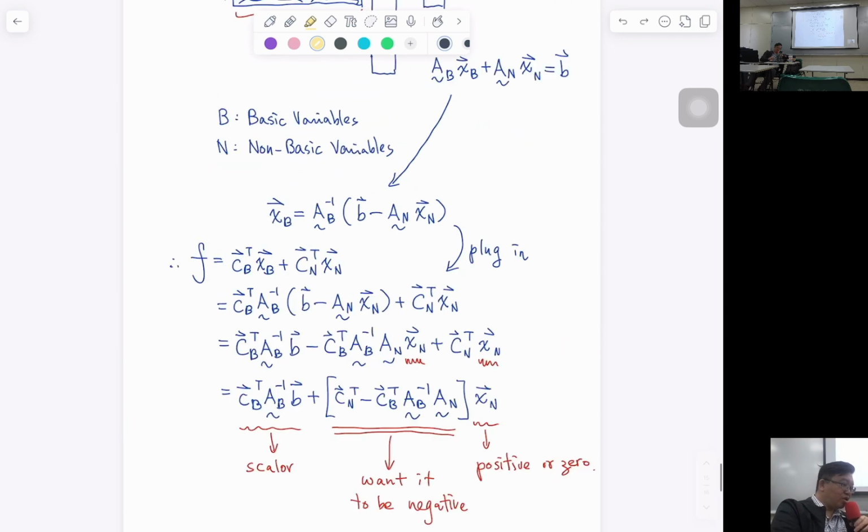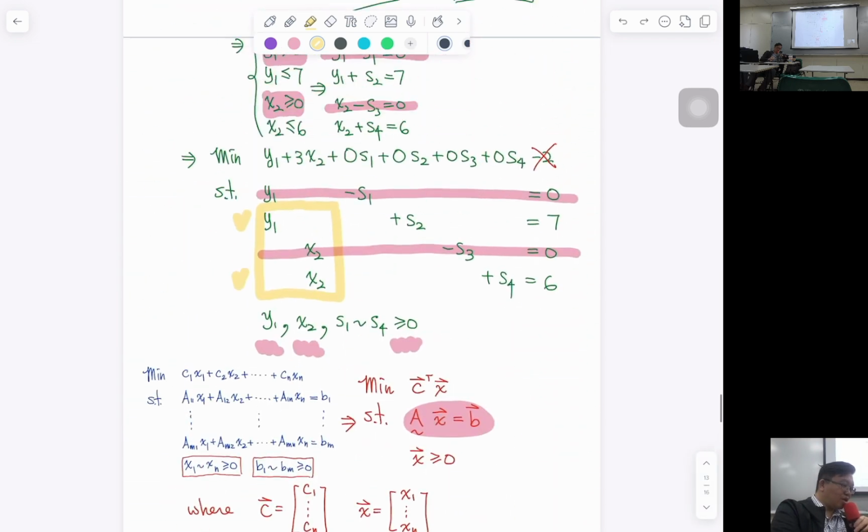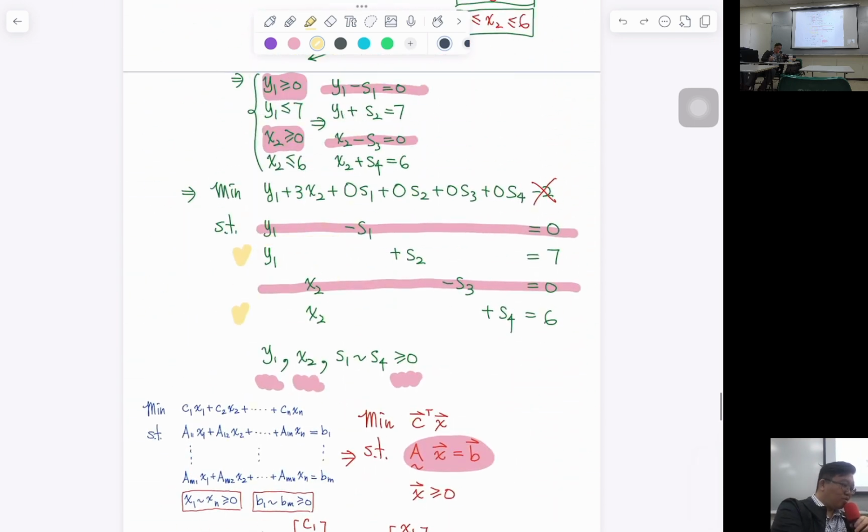I will tell you what's going to happen for non-basic and basic. Let me explain more. How does it look for choosing different sets of basic or non-basic? There are linear equations. I can just write S first and write X later, right?